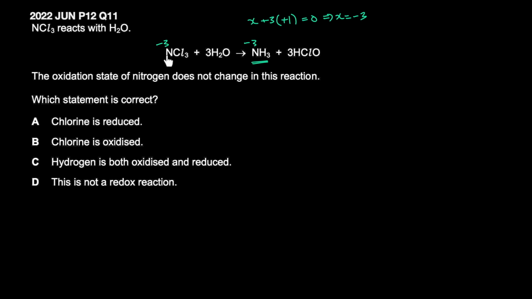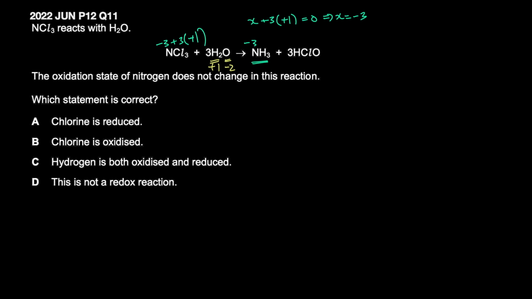Now if nitrogen over here is -3 and it's -3 in the product, that means that the chlorine will be +1 just like hydrogen. So we have 3 chlorines over here, each of which is +1. So the oxidation number of chlorine over here is +1. Then if you look at hydrogen over here, it's +1 again. The oxygen here is -2. The hydrogen here is +1.